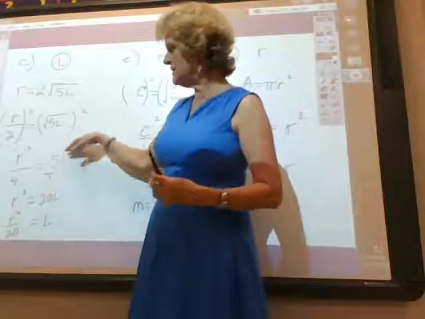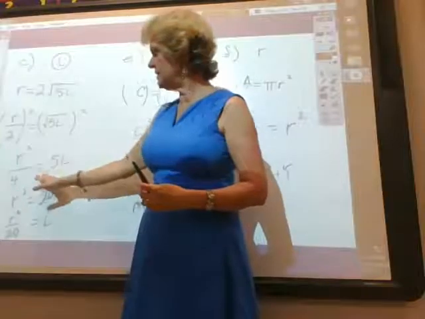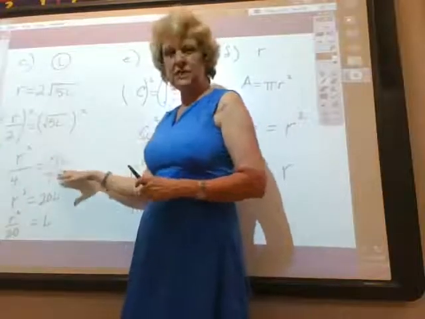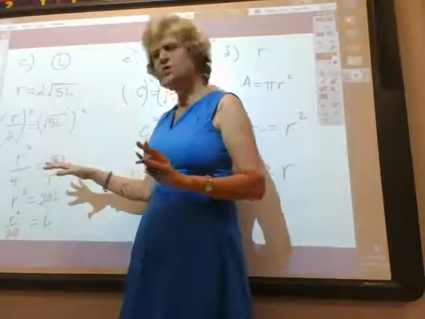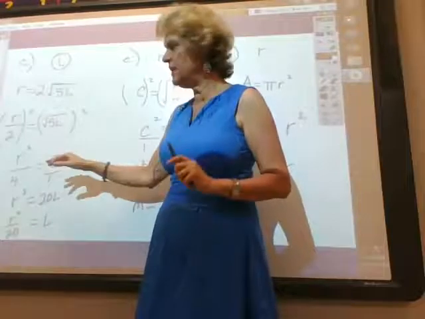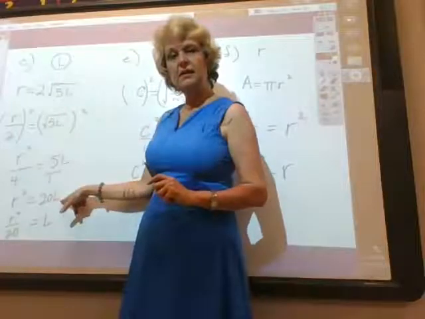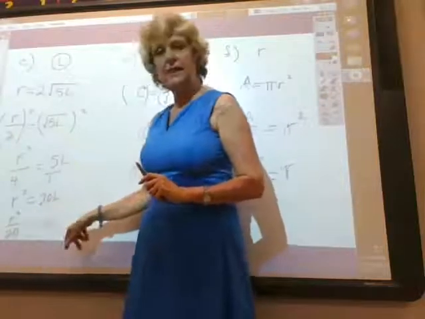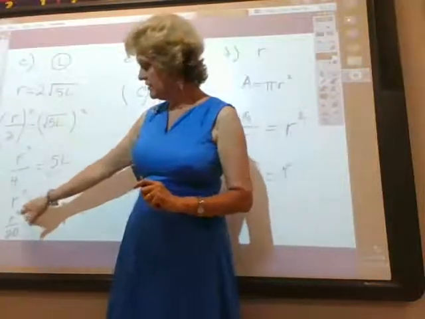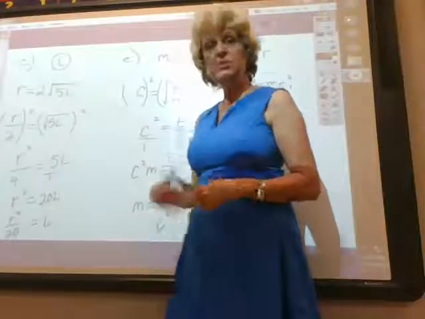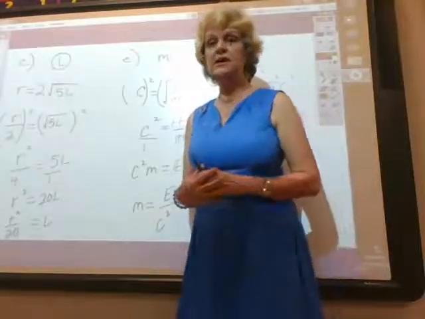Then, just to not be confusing, I cross-multiplied because I didn't want to divide by 4 on both sides and lose track of where the 5 went. So I got R squared is 20L, and then I divided by 20. So L is R squared over 20. Go back through if you need to look at that again.